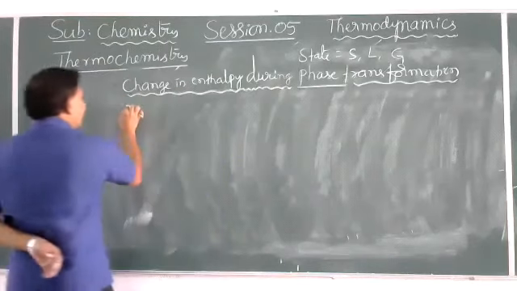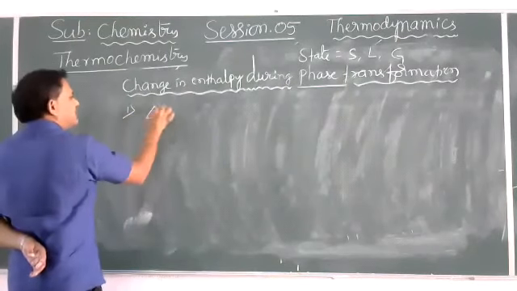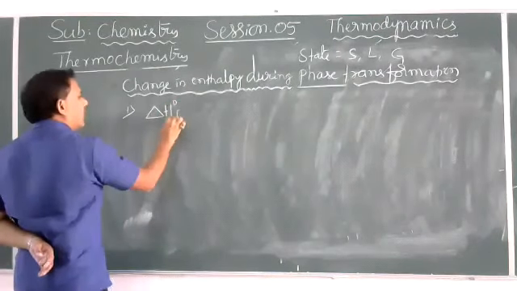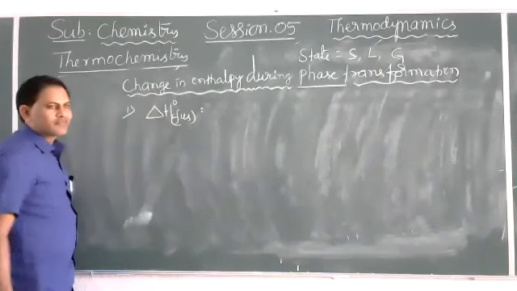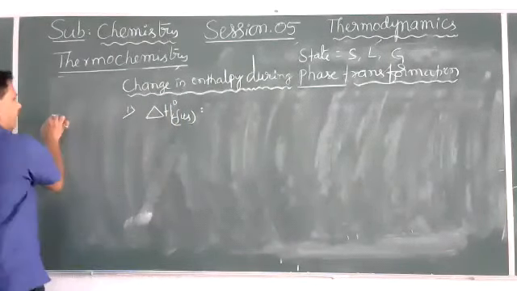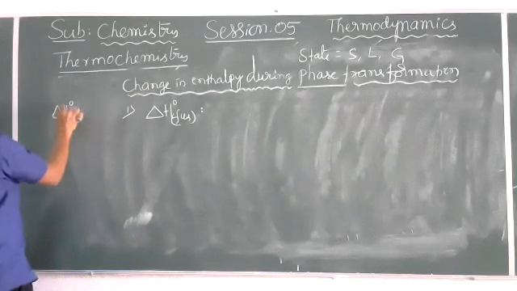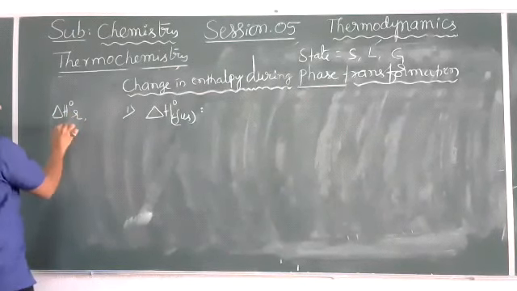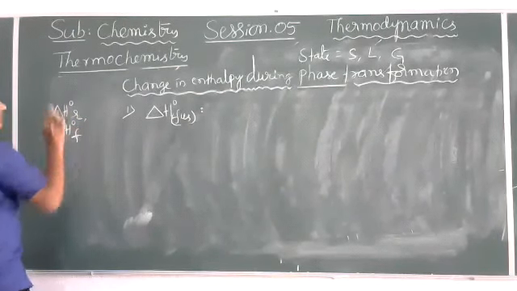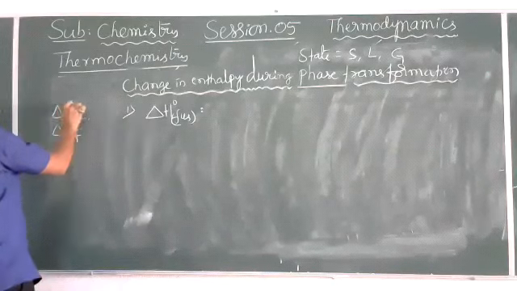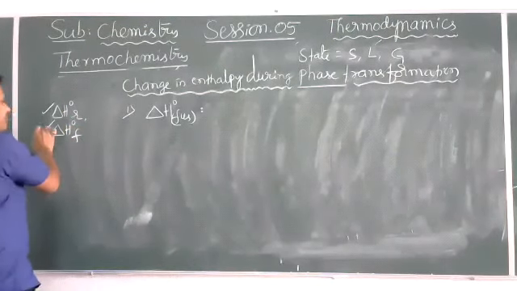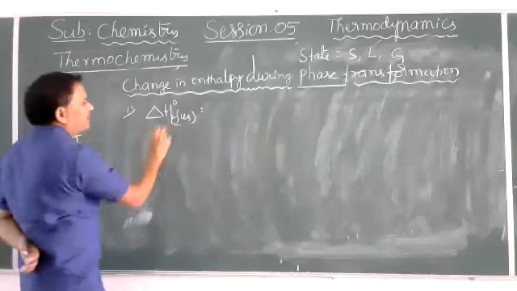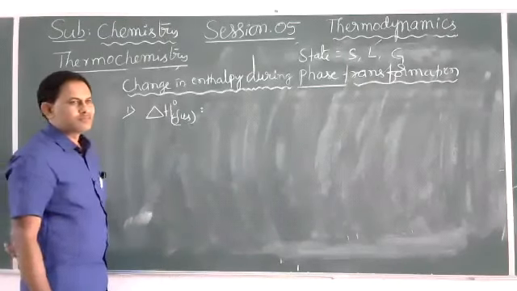In that, first one is delta H naught FUS, fusion. We already know delta H naught R and delta H naught F, the standard enthalpy of reaction and standard enthalpy of formation. Based on this, first one is fusion.